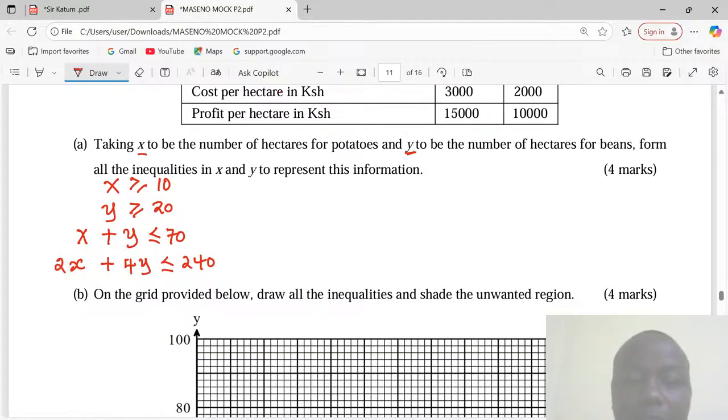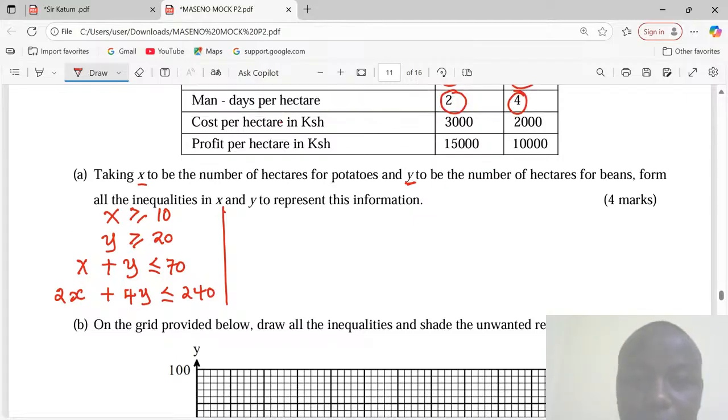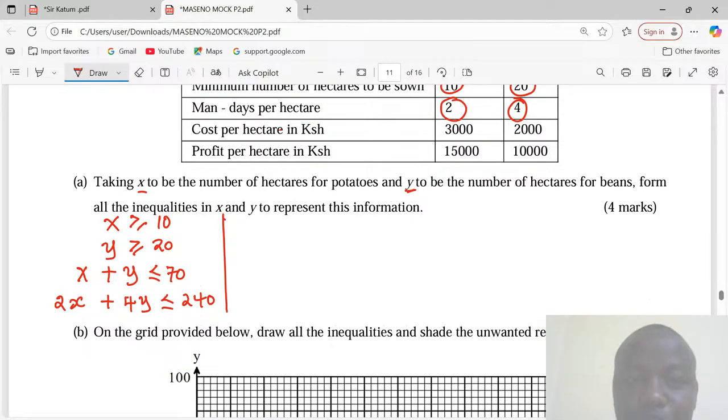Yeah, 240 or below. We can check some more: cost per acre.